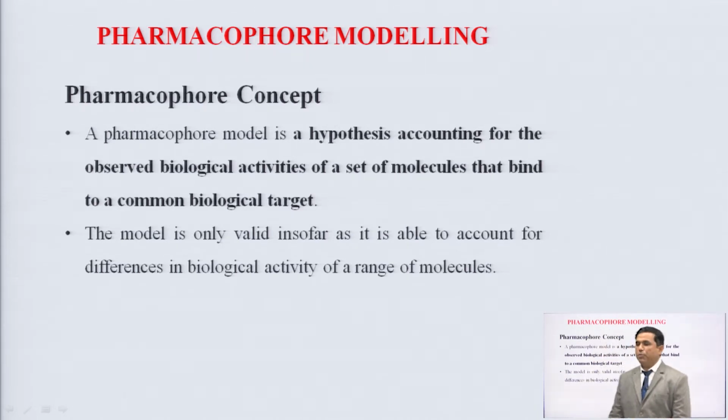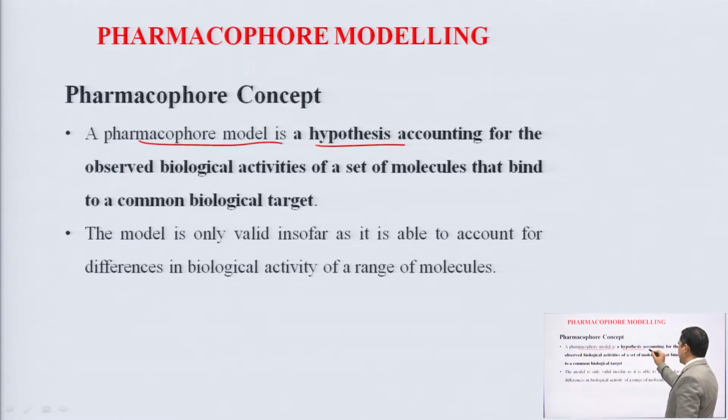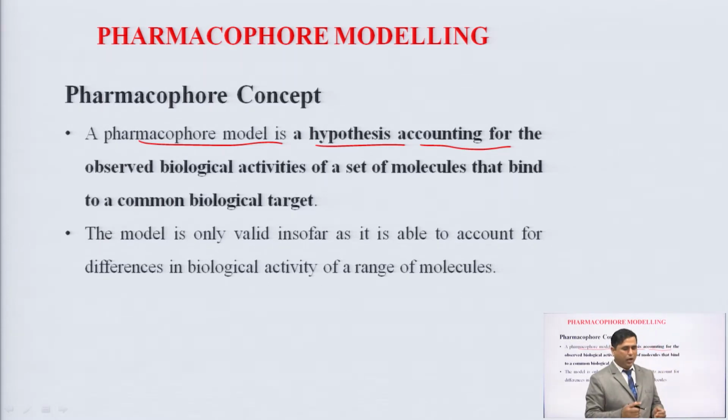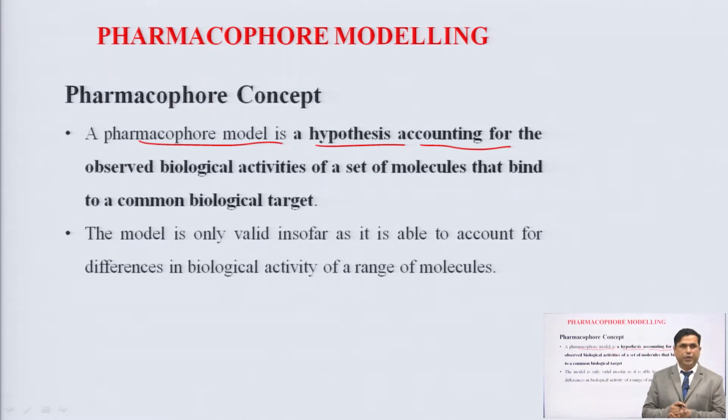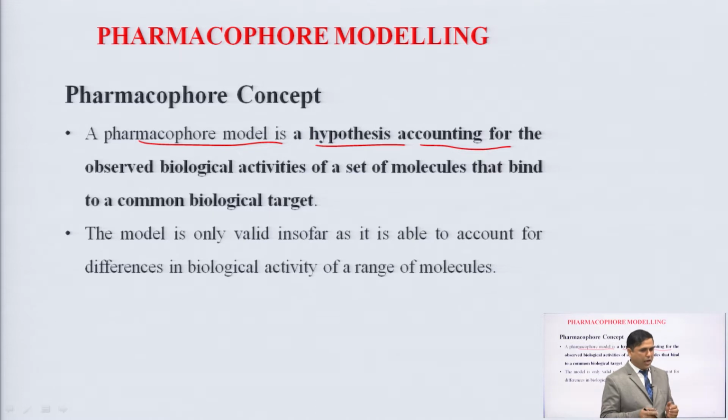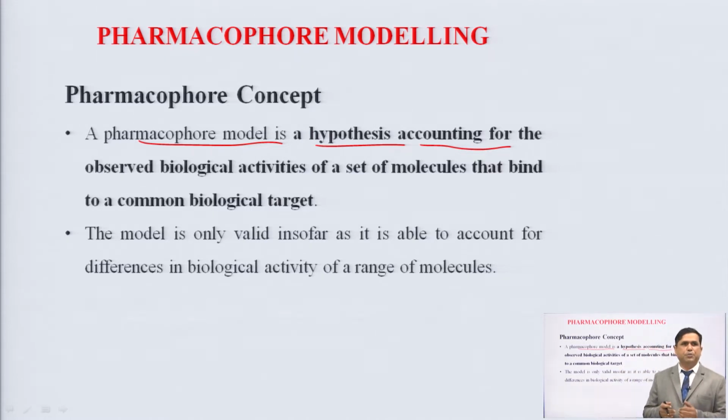Now, in this pharmacophore, first thing is what the hypothesis says. This pharmacophore model is a hypothesis accounting for the observed biological activities of a set of molecules. Here the question arises, what is the set of molecules? When we are working on drug discovery, first we have to observe the pharmacophore for a particular type of biological activity.